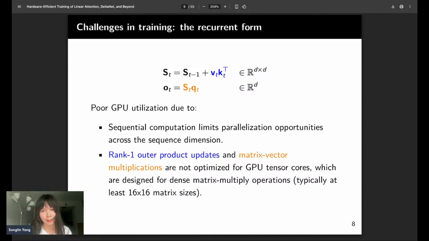And for memory readout, we only have matrix vector multiplications, both of which are not matrix multiplications. These two operations cannot use tensor cores, which are very efficient.